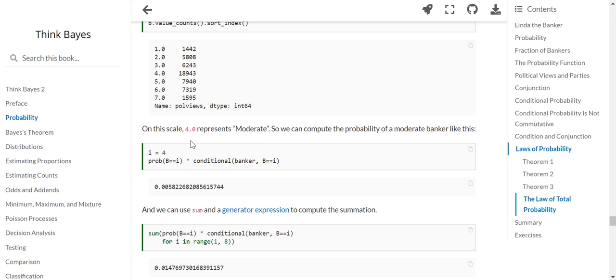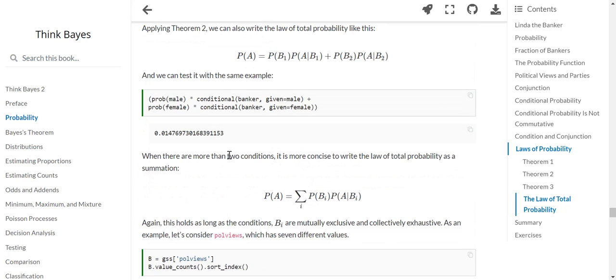So using this generator expression, they first found the probability of being a moderate banker. They also found the probability of being a banker for people with different political views, and then they summed all of them. That turned out to be the same as the probability of being a banker.